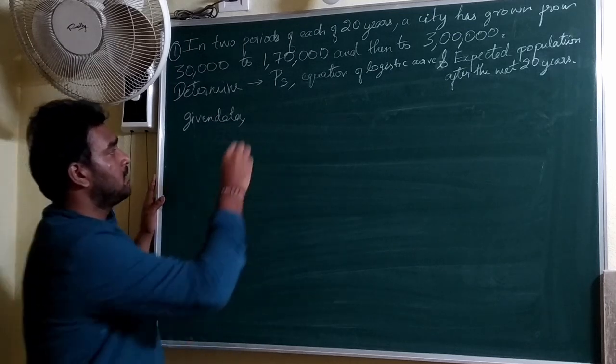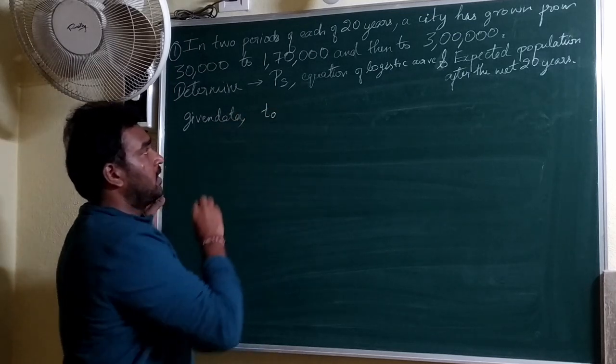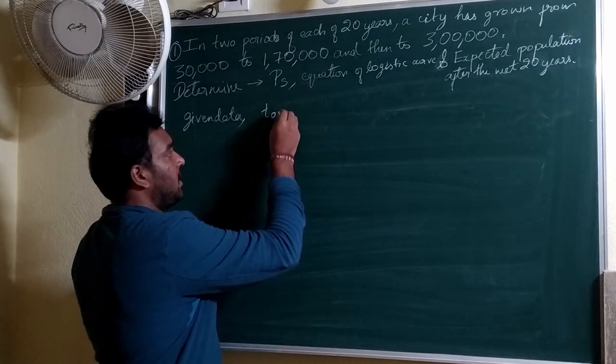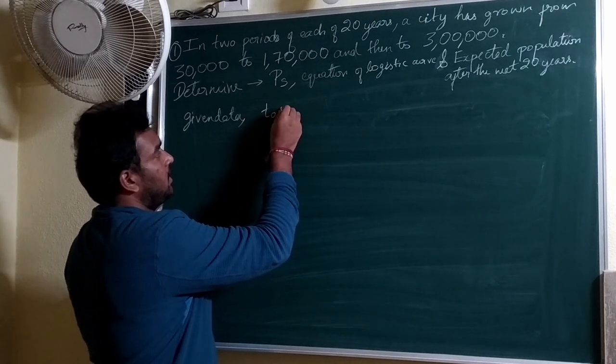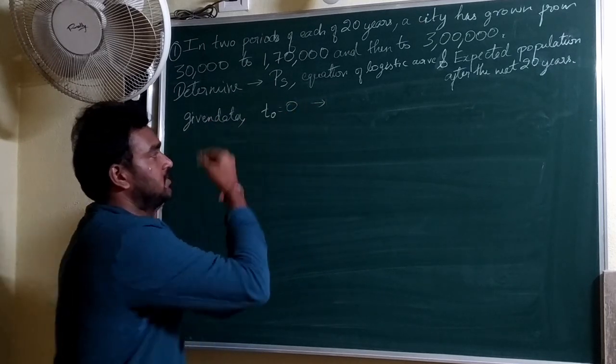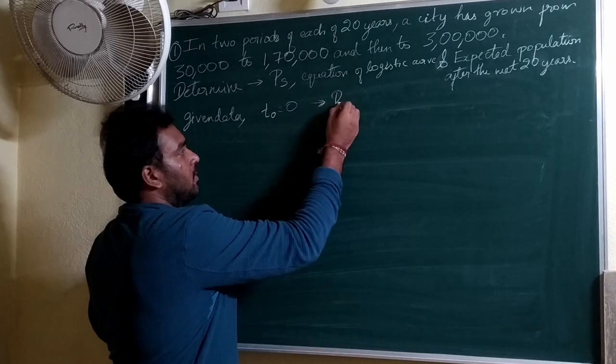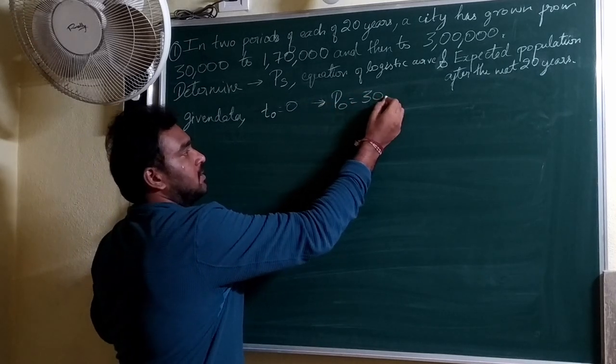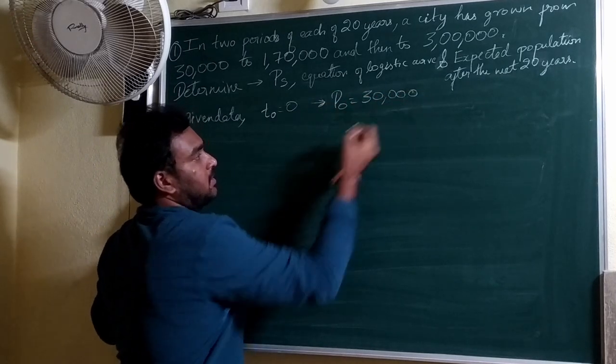If you observe the problem, first we need to consider three sets of characteristic data. At t0, say t0 is equal to 0, P0 is 30,000.